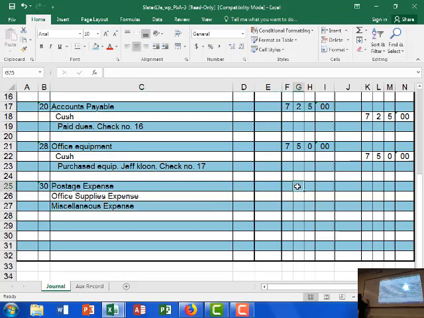This money has all come out, even though it's out of petty cash, it's already going out of cash. All you're doing when you're journalizing is showing I spent this amount of money on this expense. Because remember, for the month, every expense has to be journalized.